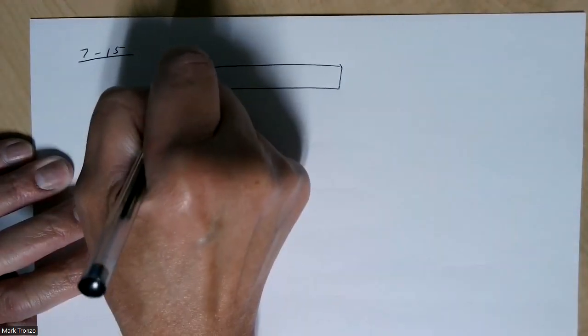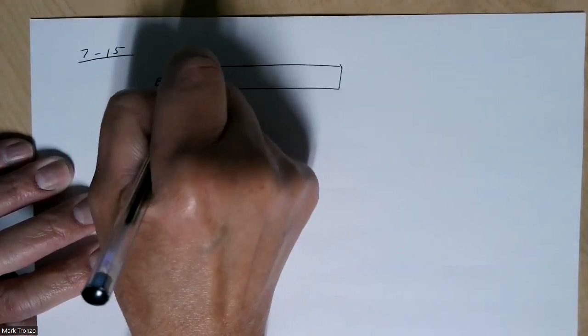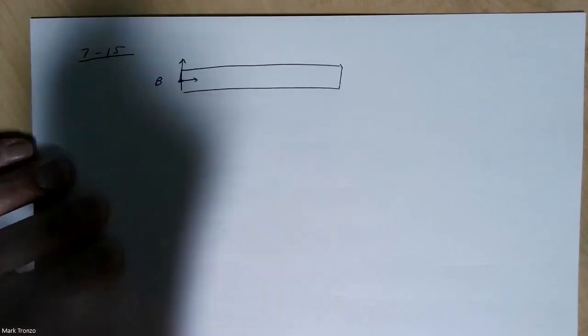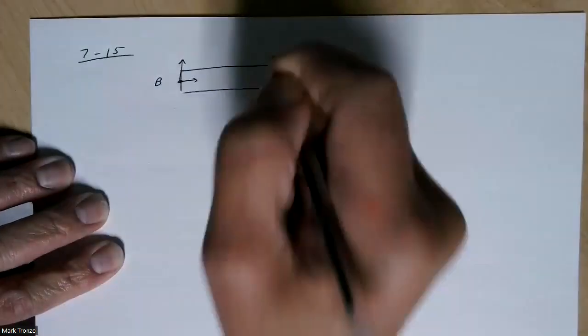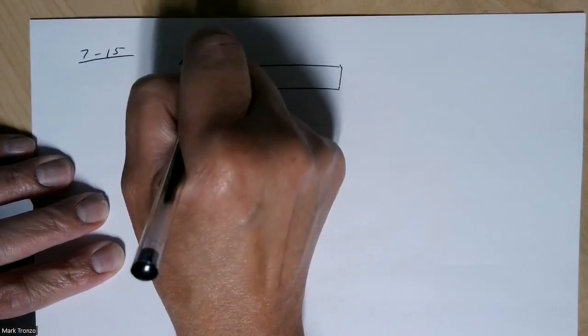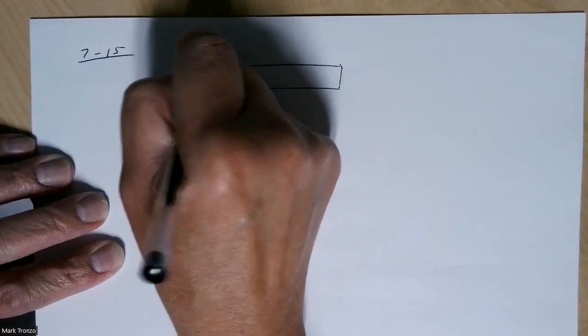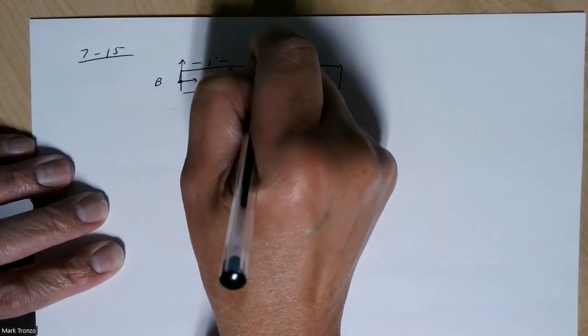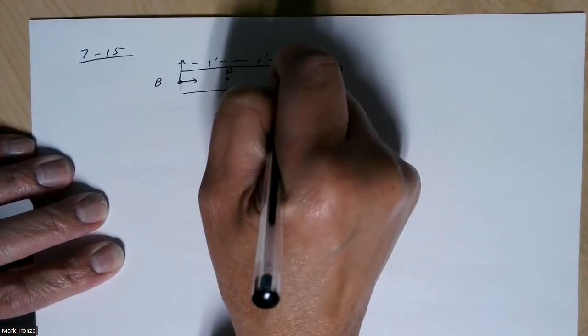And so over here at B, we're going to have an X and Y component. Then over here, we have a D. Then at H.